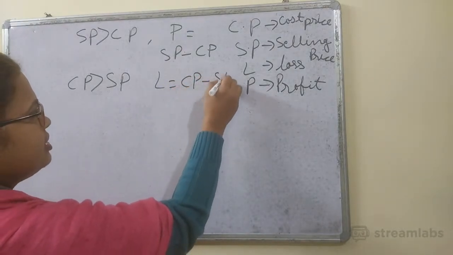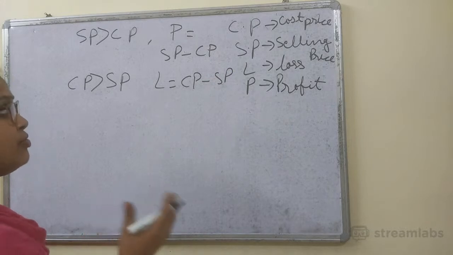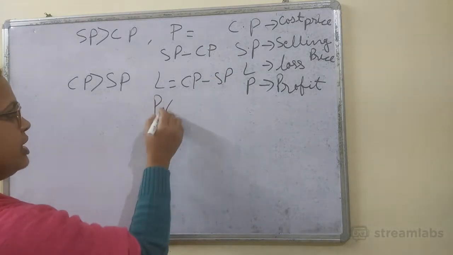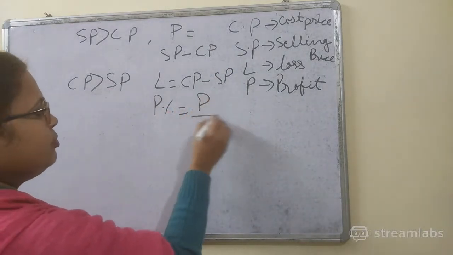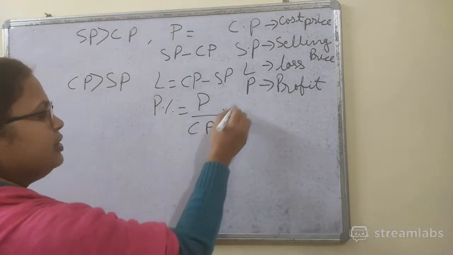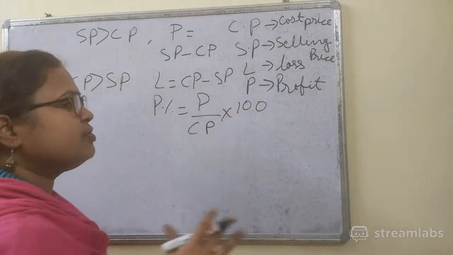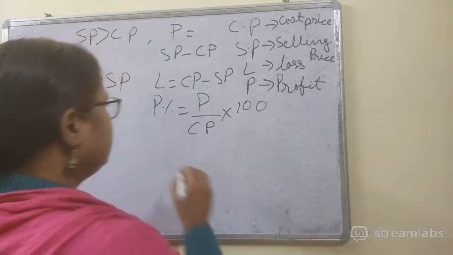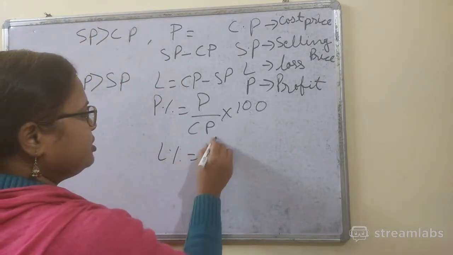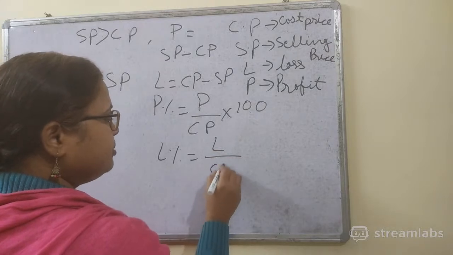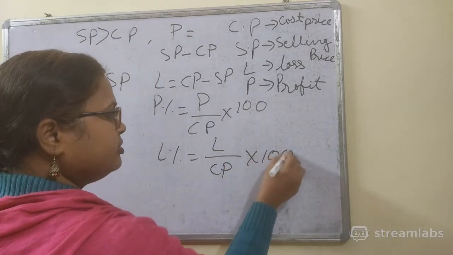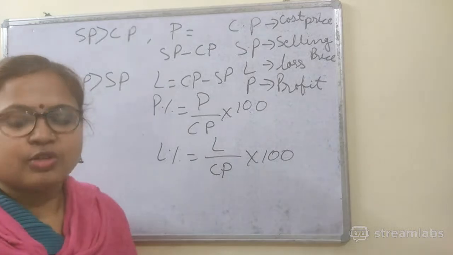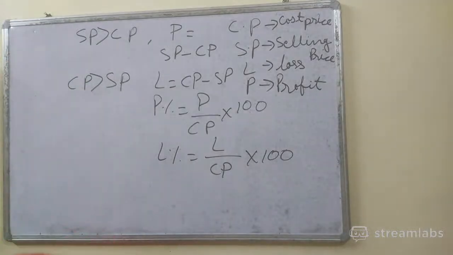CP minus SP. Profit percent is equal to profit by CP into 100. Always we find profit or loss percent on CP. Loss percent is loss by CP into 100. So this is the basic concept of this chapter.